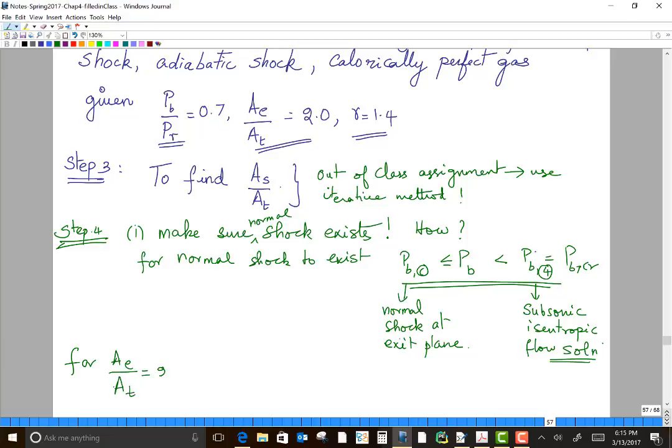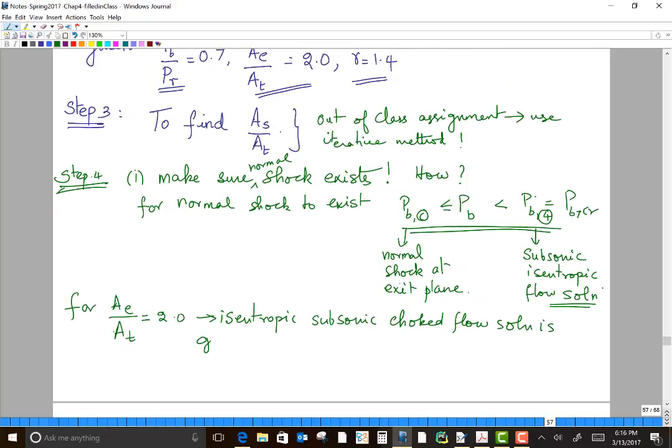For AE by AT equals 2.0, the isentropic subsonic choked flow solution is given by appendix B. Obviously you have to look at the subsonic solution. So ME equals 0.31, which implies PB by PR equals PE by P01 equals PB4 by PR equals 0.935.